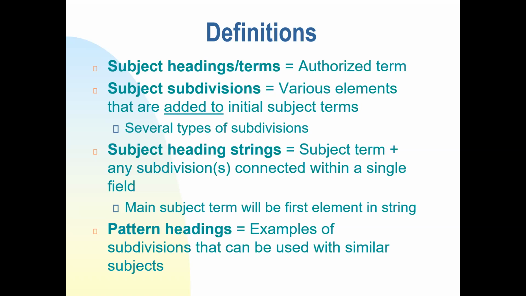Then subject heading strings are the term plus the subdivision. Pattern headings we'll talk about a little bit later, but they're examples of subdivisions that can be used with similar subjects to give additional subdivisions that you might want to use in your record.